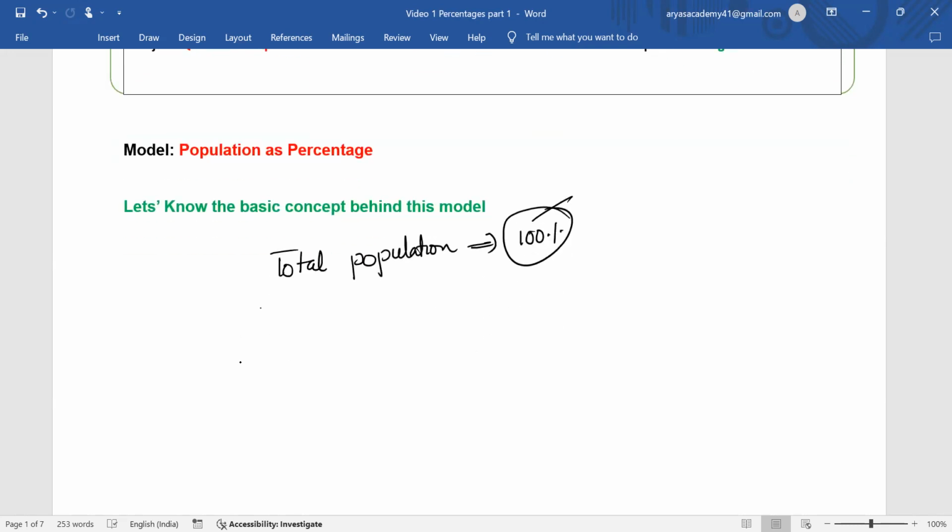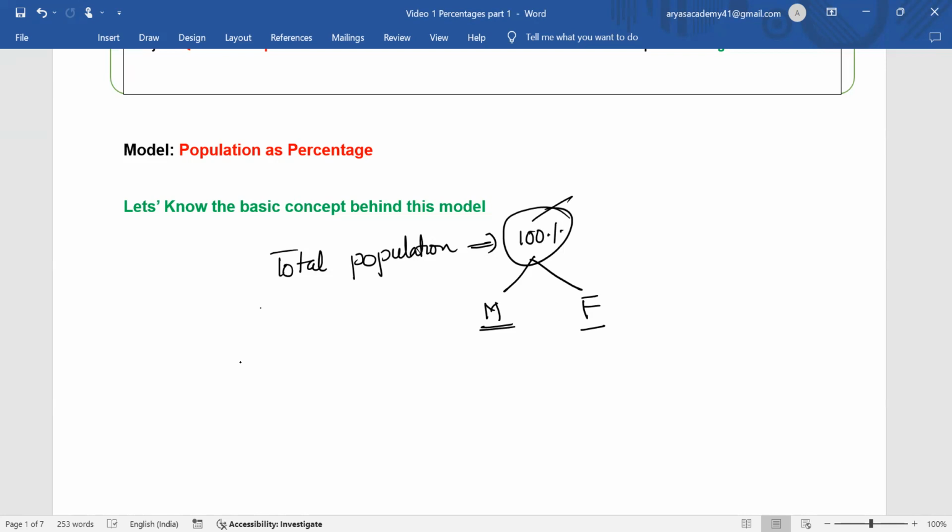In general, the total population will obviously have males and females. There might be some problems which consider a third gender as well, but for the time being, I will limit myself to only 2 genders, that is males and females.